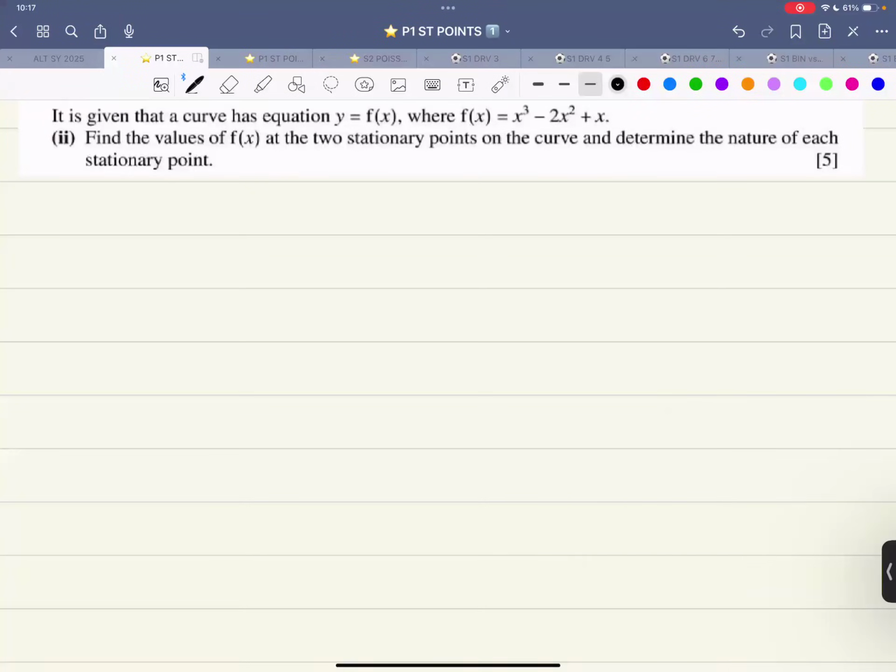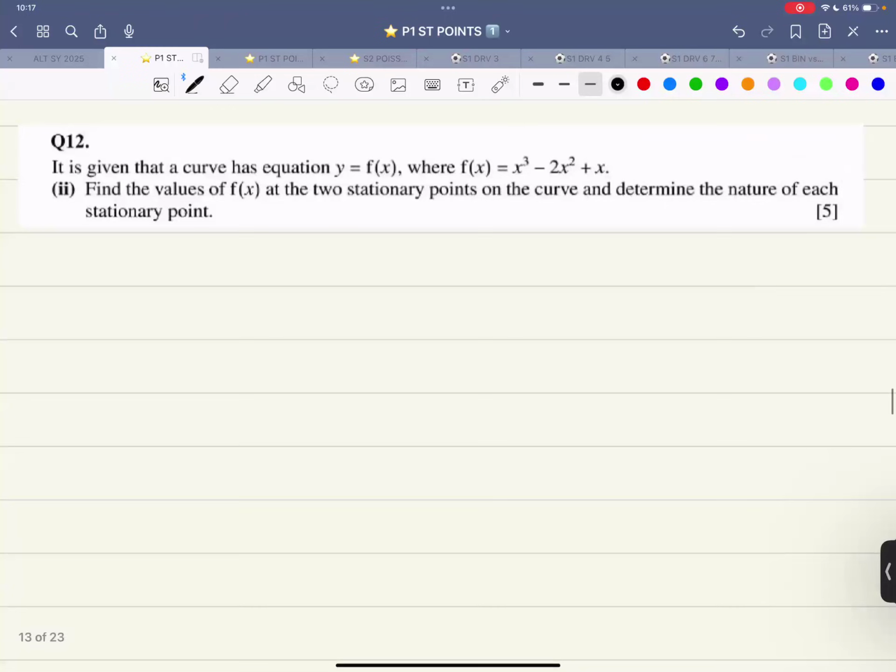Now, this time it's a cubic equation, and there are certain other things that I'll explain from this particular graph.